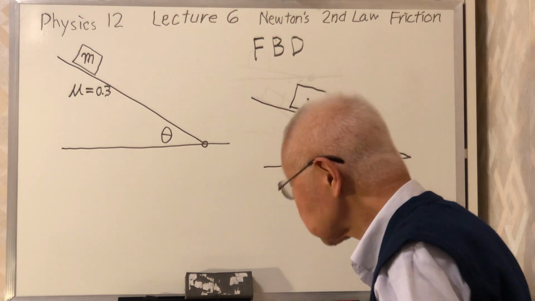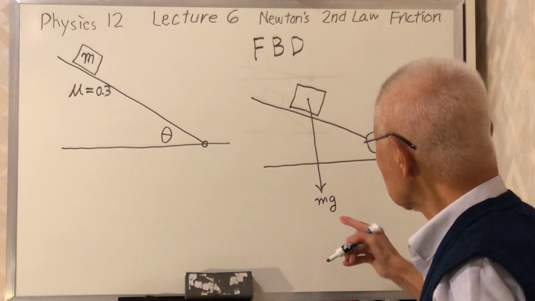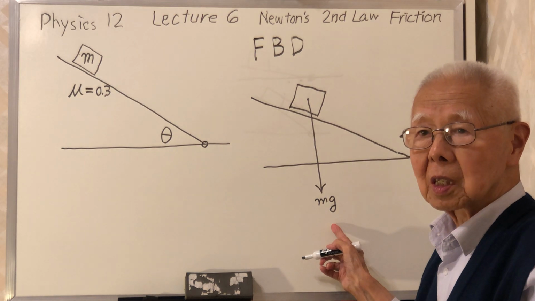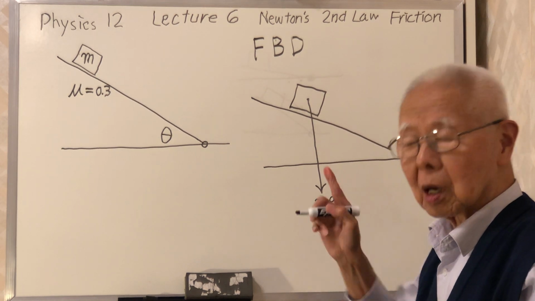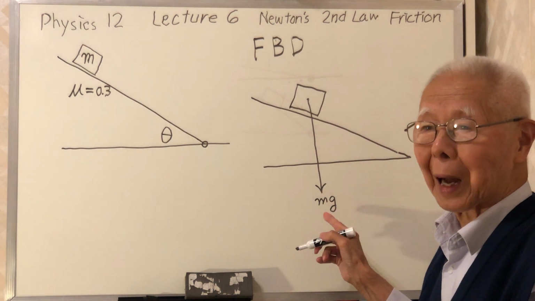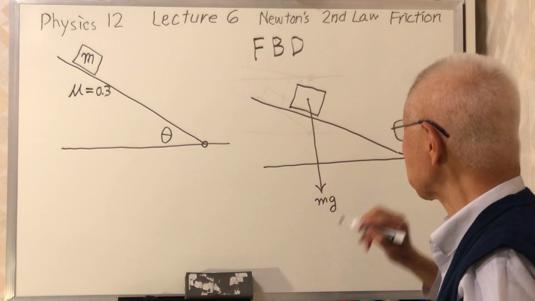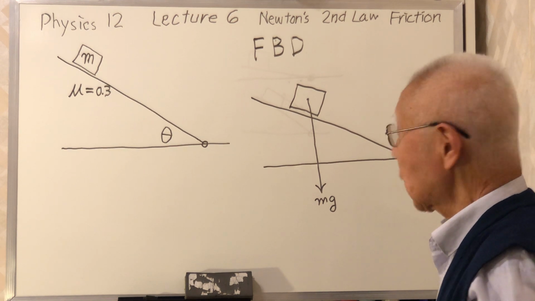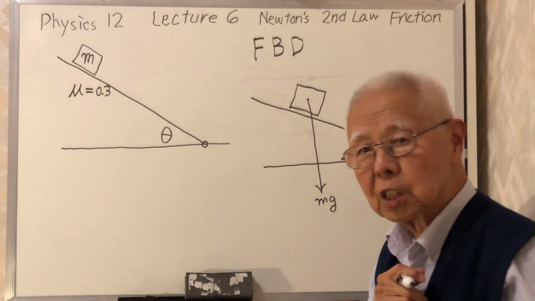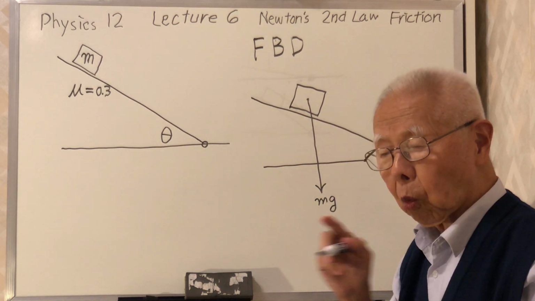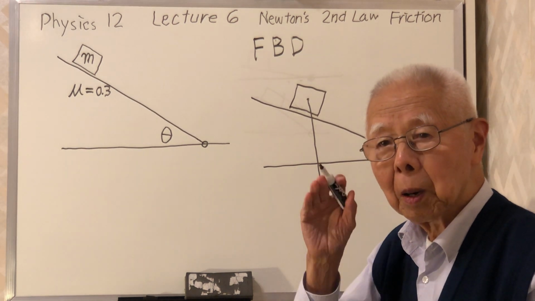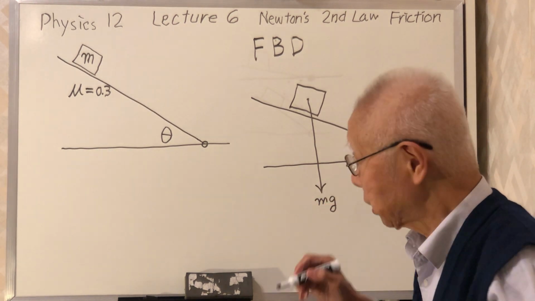mg is the force of gravity. Force of gravity is mass times g. So this is the force of gravity. I can resolve the force of gravity into two components. One parallel to the inclined plane, another one perpendicular to the inclined plane.